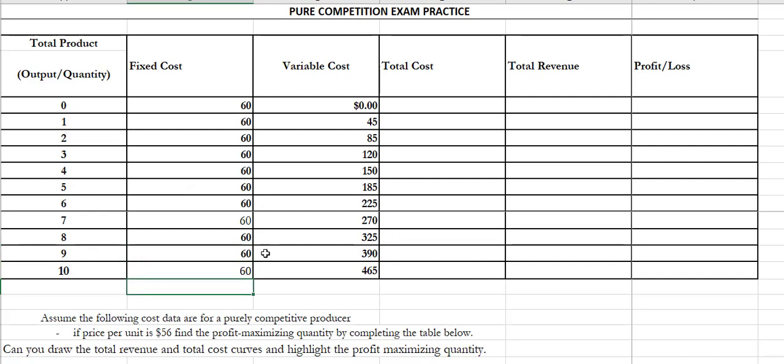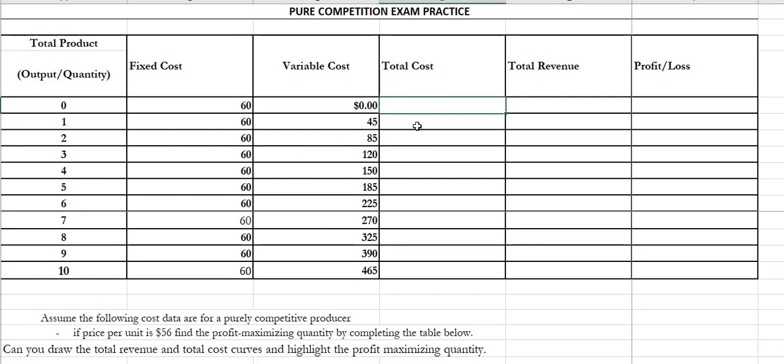That's why I fill those in. You see it? Now the variable cost is given. That's not something you can guess. So things like labor, your utilities, what you pay for materials, this is given in the question for each output level. So we need to figure out total costs.